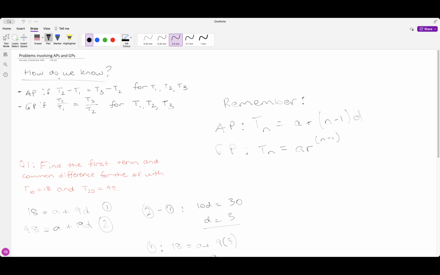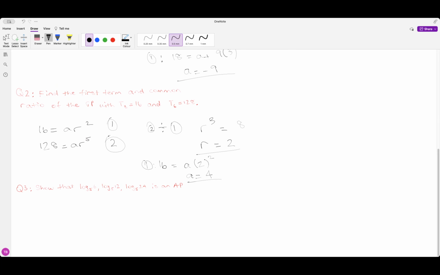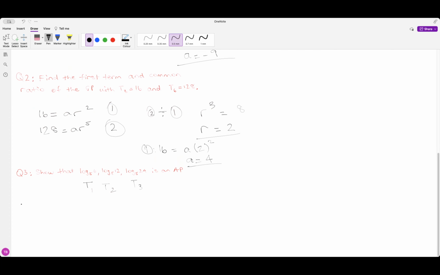So if I want to show that something is an arithmetic progression, I essentially have to take the middle term, subtract the first, and then find the last term, subtract the second term, and show that that forms the same thing. Now, if I label each of these as T1, T2, and T3, what I'm going to do is go T2 minus T1, and that's going to give me log base 5 of 12 minus log base 5 of 6.